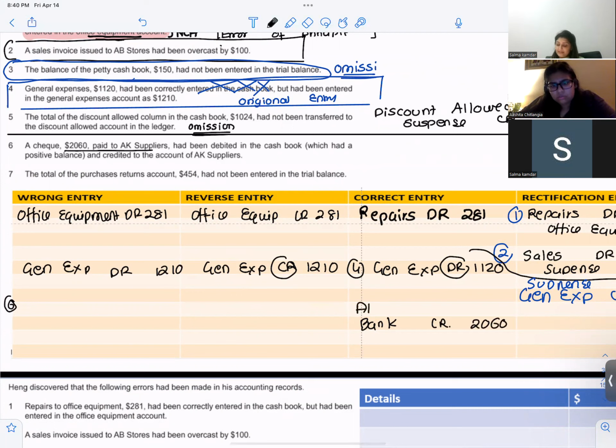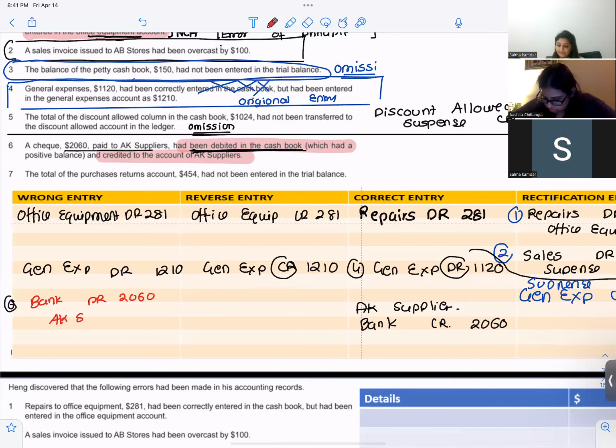And who will be debited? AK suppliers. What is the wrong that you did? You debited bank and credited AK suppliers. How will you reverse this entry? AK suppliers debit and bank credit.